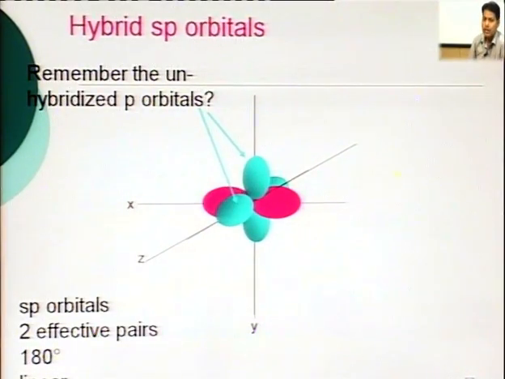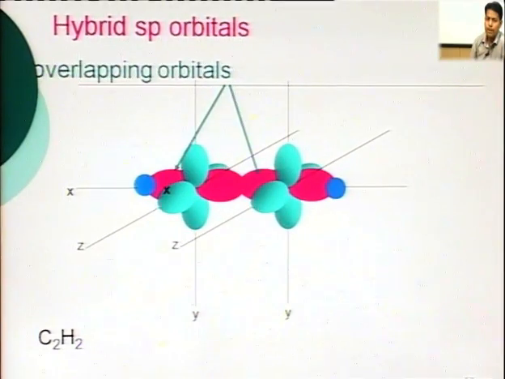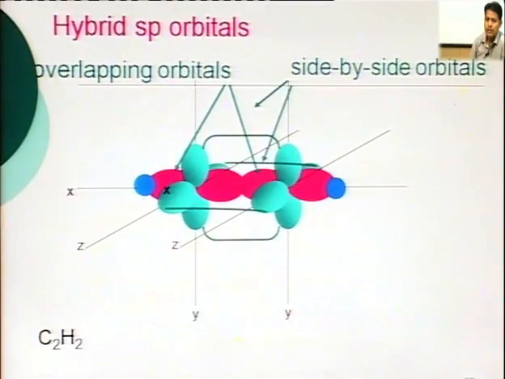This is the unhybridized orbital shown in green color, and the hybrid sp orbitals are shown in red color. So, these are overlapping orbitals, side by side overlapping.